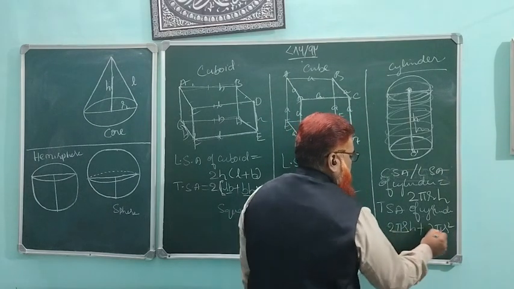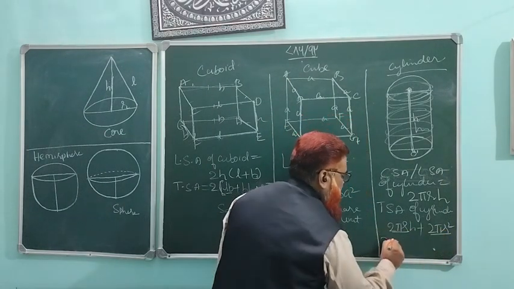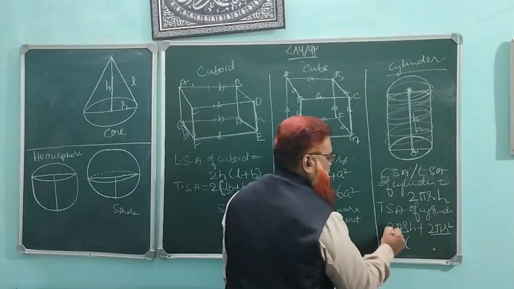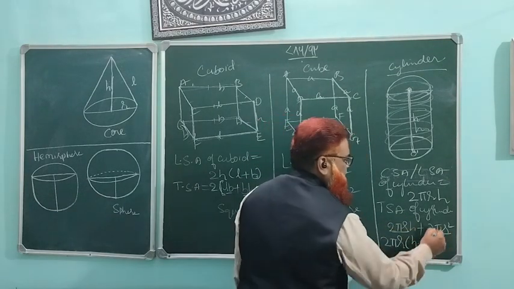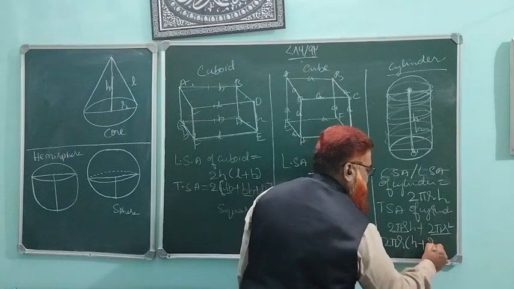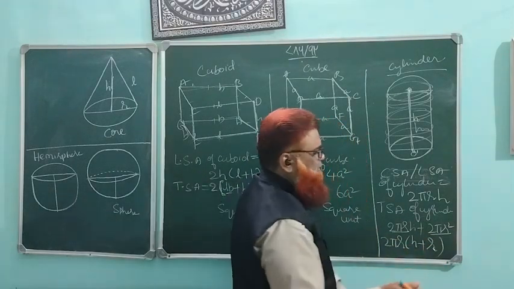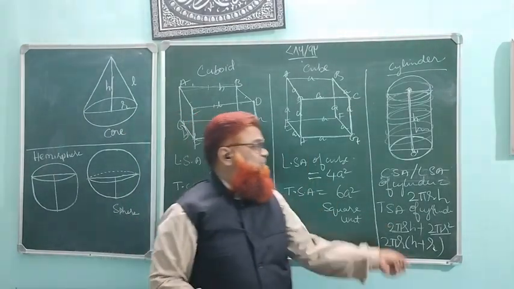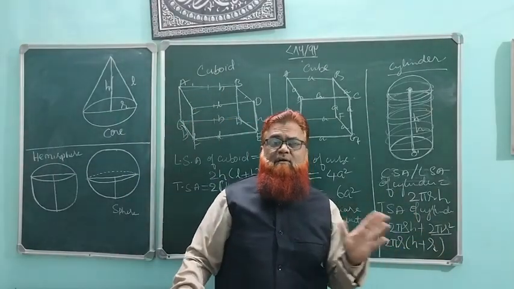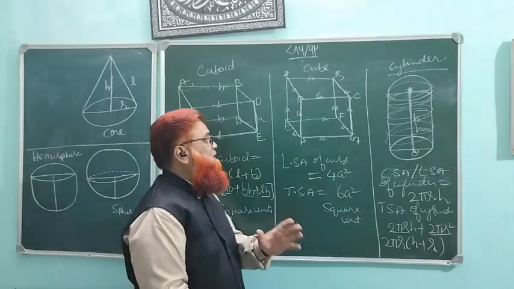Then what is common? 2 pi r is common. Take 2 pi r out. Here 2 is out, pi is out and r is out. What is remaining? h. 2 pi r is out from 2 pi r square, leaving r. So 2 pi r into h plus r, or 2 pi r into r plus h. This is the total surface area of a cylinder.